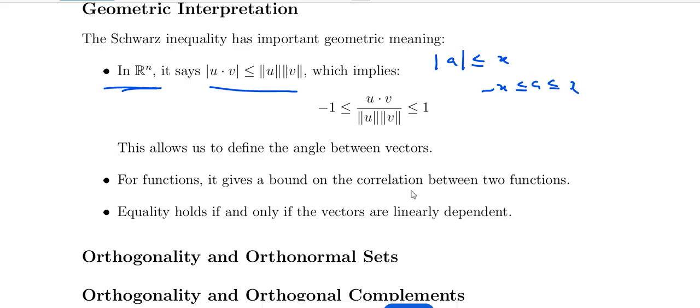When you apply this here for the inner product u dot v, minus norm u norm v is less than or equal to u dot v less than or equal to norm u norm v.